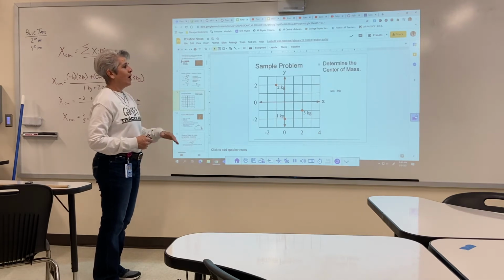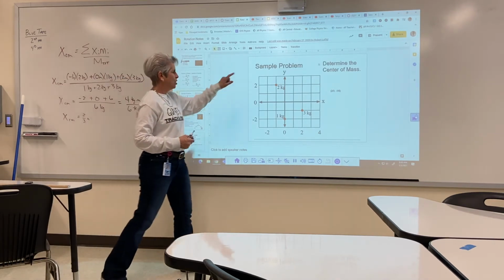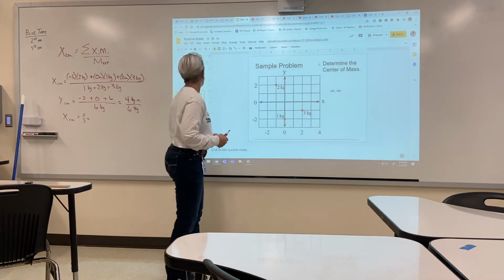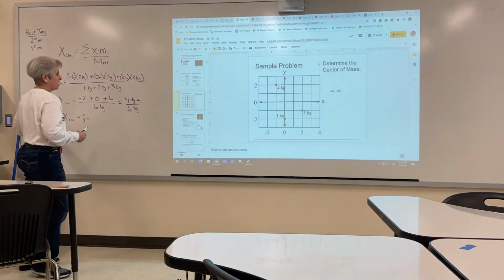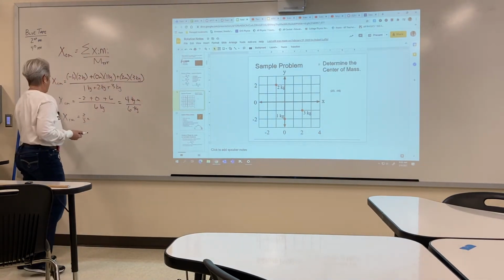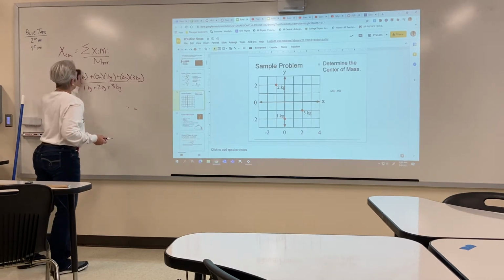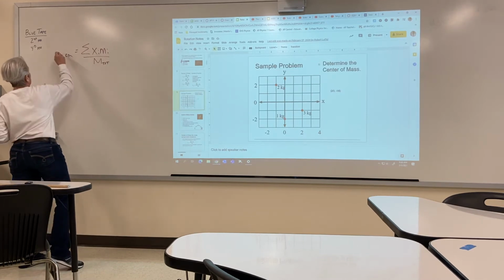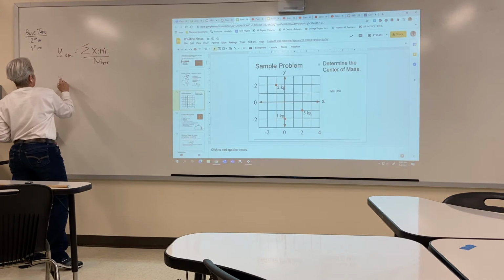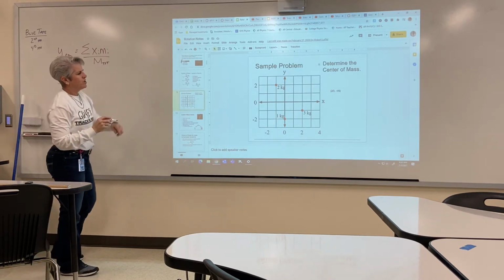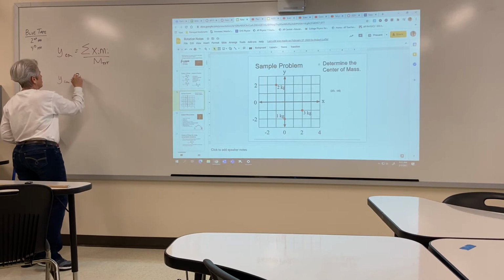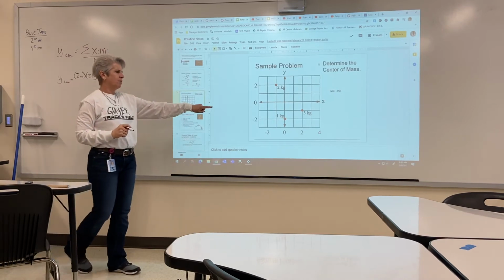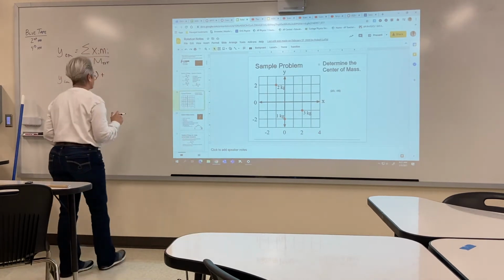We could do this the same way for the Y position. We just now look at the Y values of each one. The 2 kilogram would be located at a Y value of +2. So we would repeat this same process, but looking at the Y position for the center of mass. We'll change this to a Y. The Y center of mass would be the 2 kilogram, which we said is located at +2, so it's going to be 2 meters times 2 kilograms, plus the 1 kilogram mass is located at -2 on the y-axis.